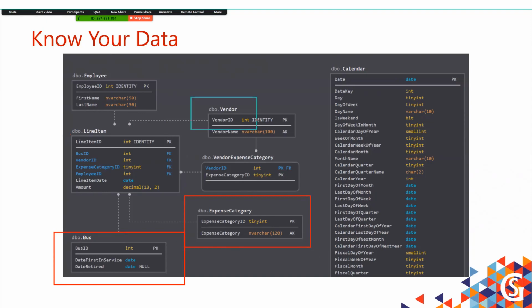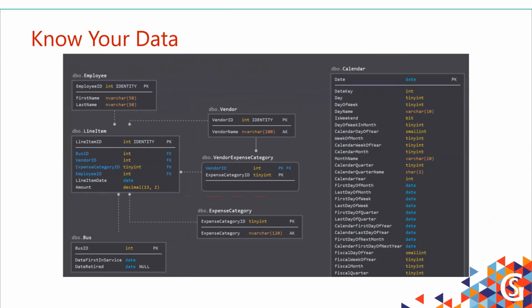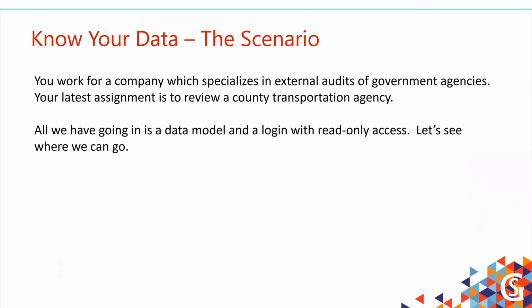A vendor is going to provide that expense. So maybe we have a vendor who is replacing a mirror on a bus. So the line item will be vendor replaced mirror on bus whatever, and it costs some amount of money, happened on some day. Some county employee is going to approve this invoice. And that's really our entire data model for today. So it's a simple model, but it should do the trick for us.